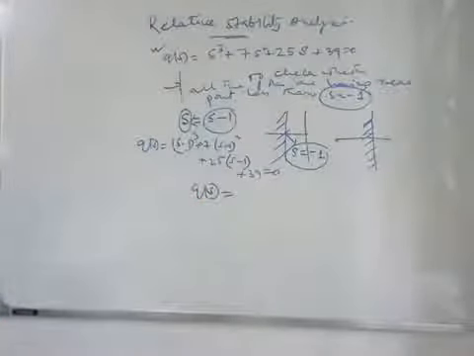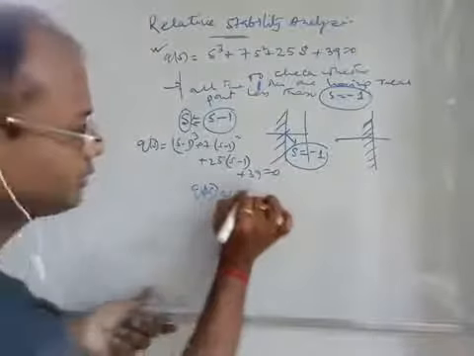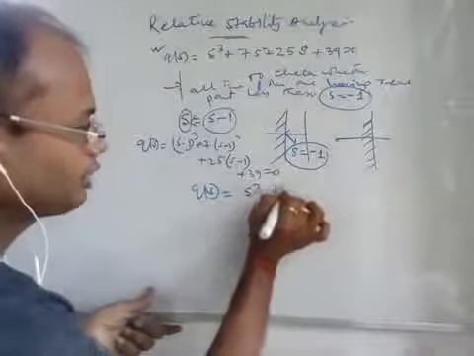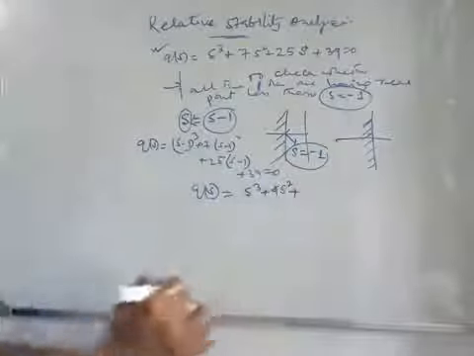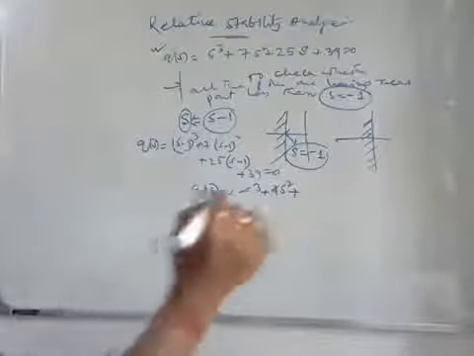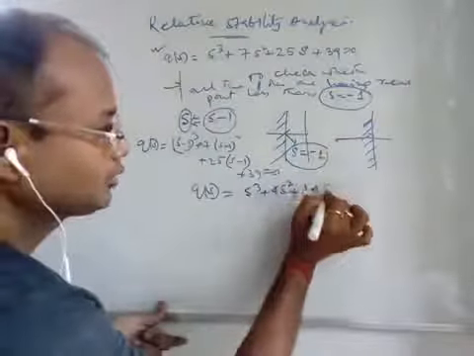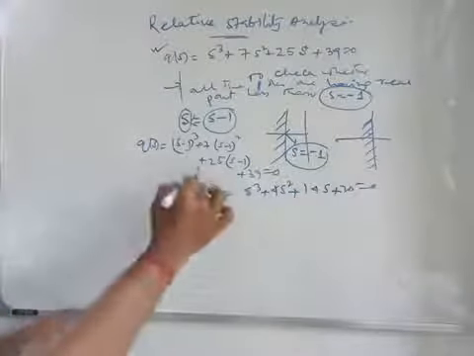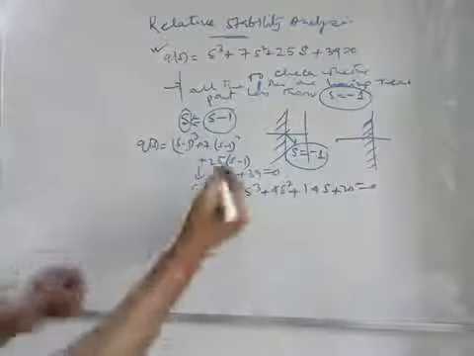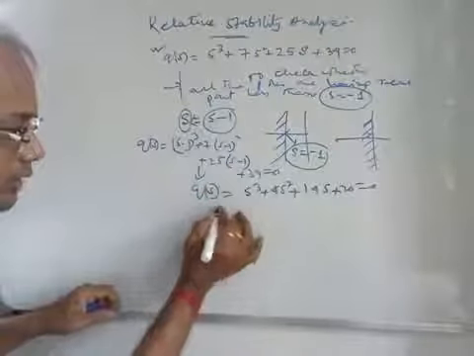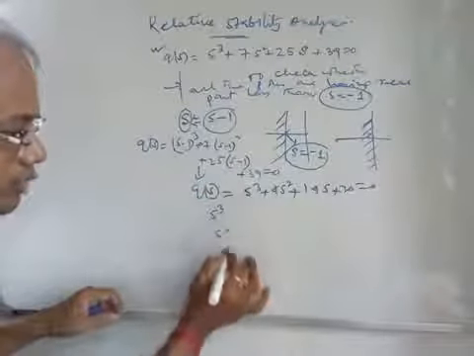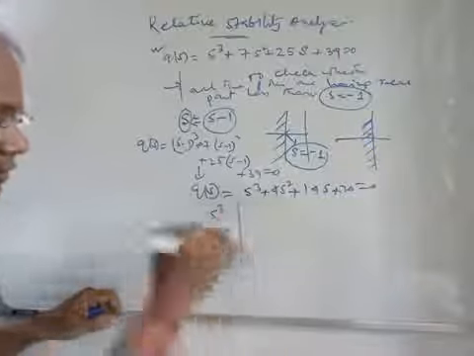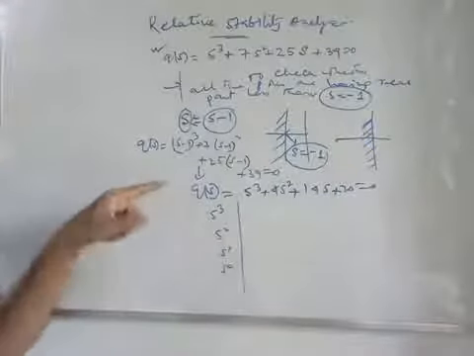That is, the polynomial will be turned into s cube plus 4 s square plus 14 s plus 20, right? By using the Routh array, s cube, s square, s to the power 1, s to the power 0, you form the array.